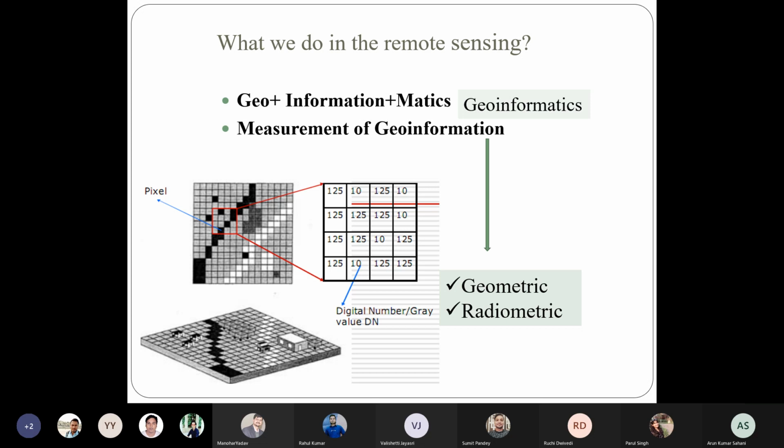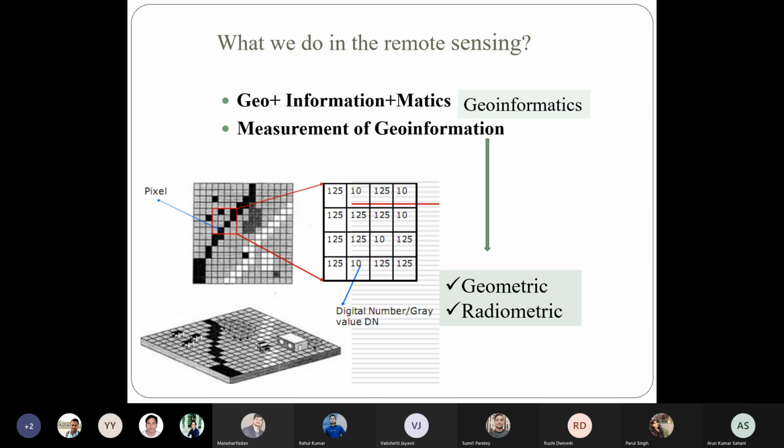In the geometric information, we have the entire dimension of the object in terms of its shape and size, while in the radiometric information we have the color of the object, or the pixels related to that particular object, which are further seen in the form of unique color.